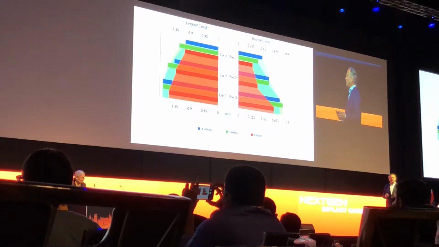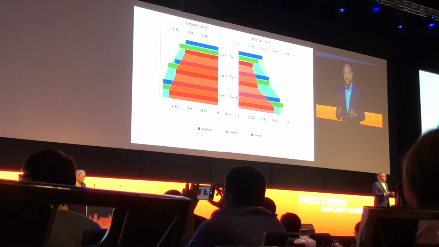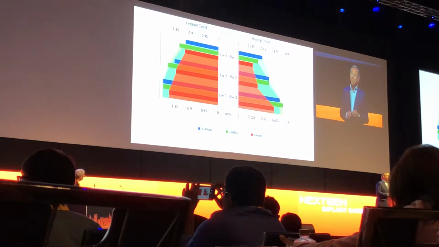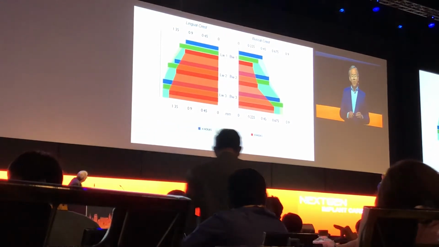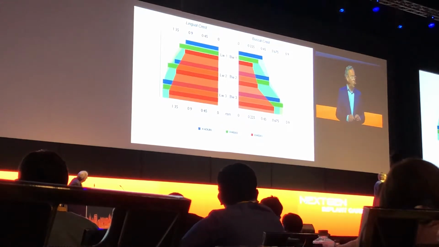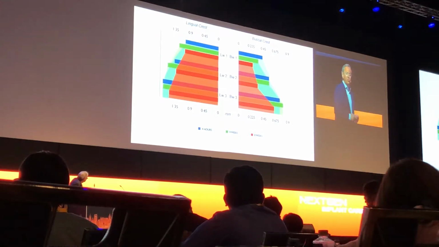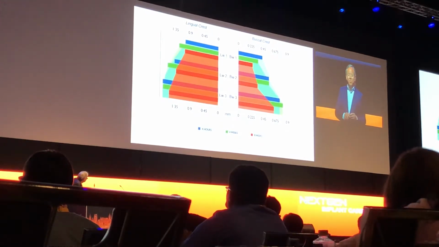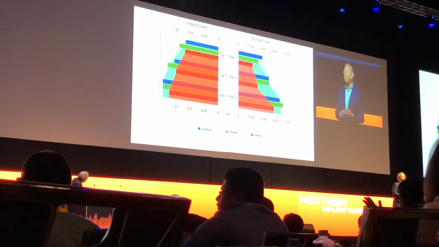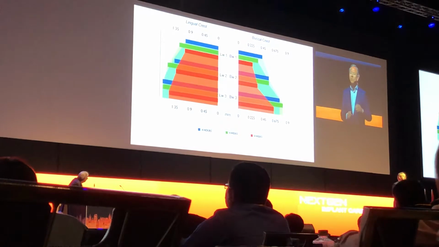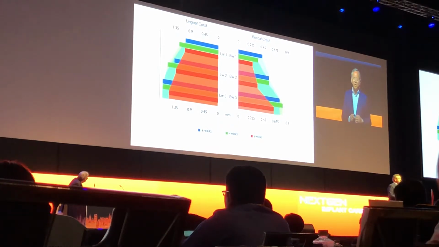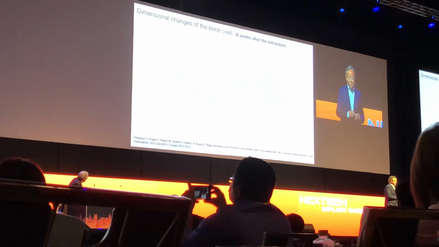And what you see on the screen is the two-dimensional reproduction of the changes. And what you can see is in the buccal bone, which is the bone that you have to your right, you are going to have very important changes, mostly horizontal changes, and mostly in the most coronal part of the alveolar crest.